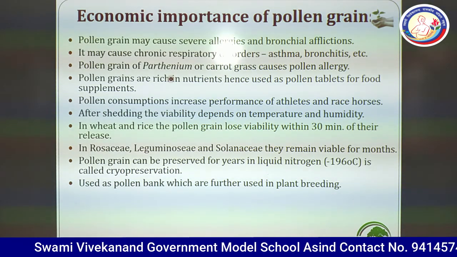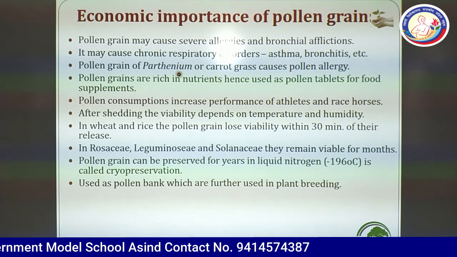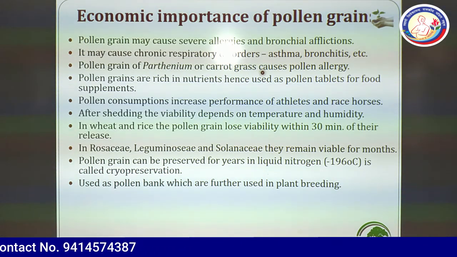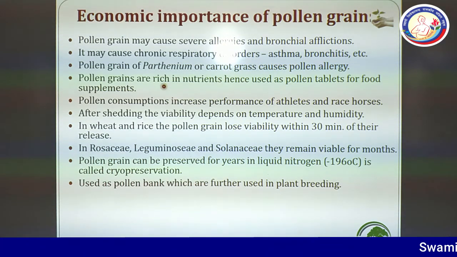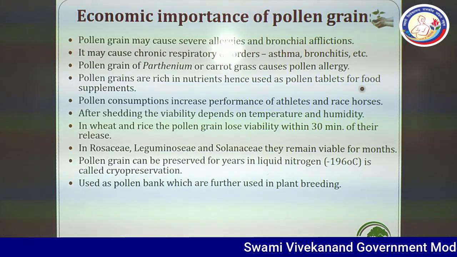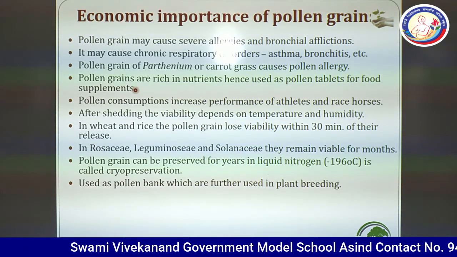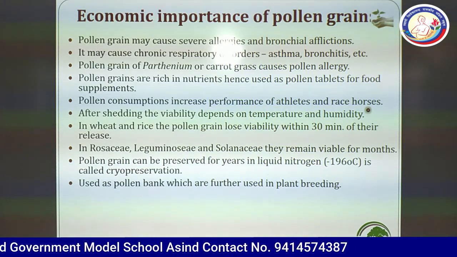The main allergy causing pollen grain is of Parthenium. Another well-known name of Parthenium is carrot grass or Congress grass. And pollen grains are rich in nutrients also, and are used as pollen tablets for food supplements. Pollen consumption increases the performance of athletes and race horses.